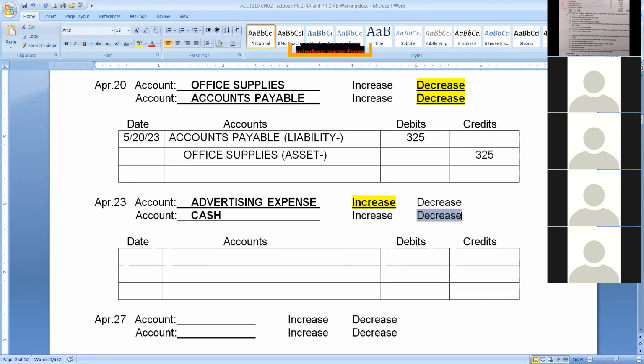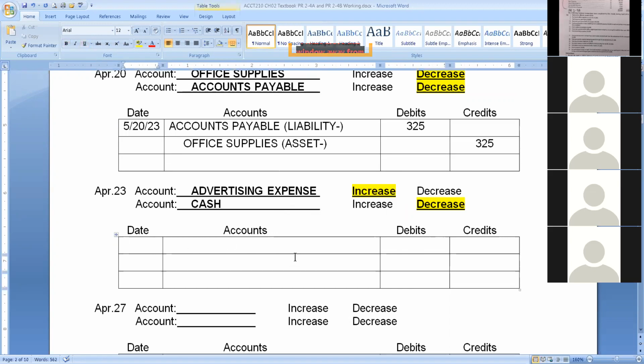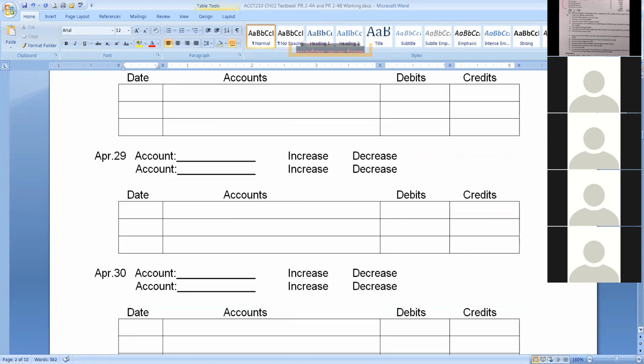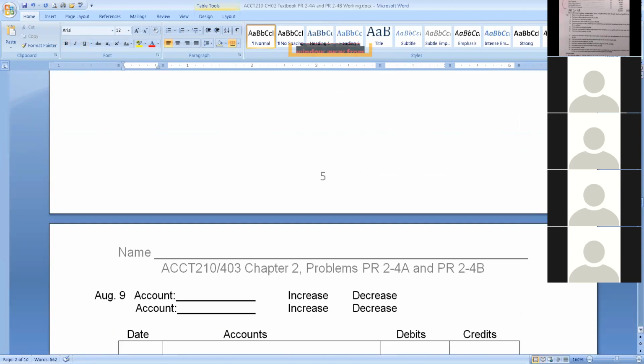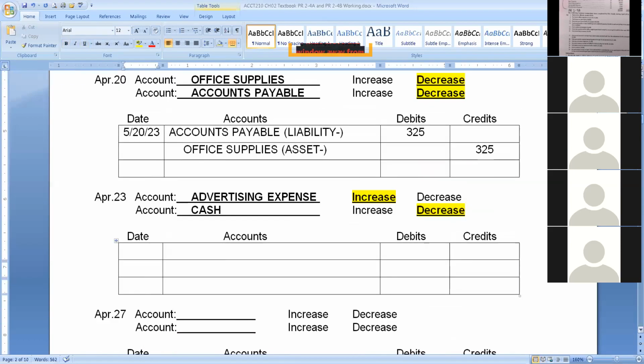Cash is decreasing because we're paying it. Expenses are usually what? Debits or credits? Debits. See expense, you're going to have a debit.